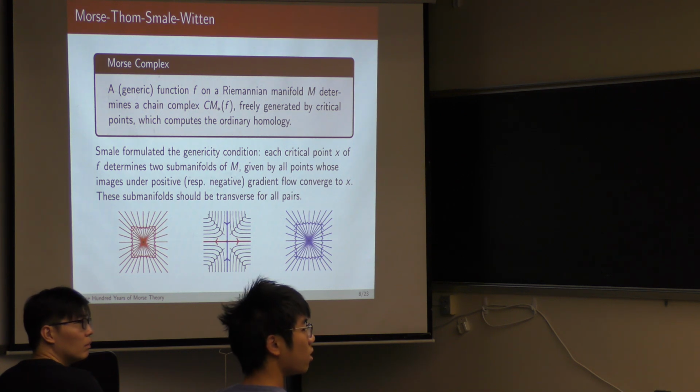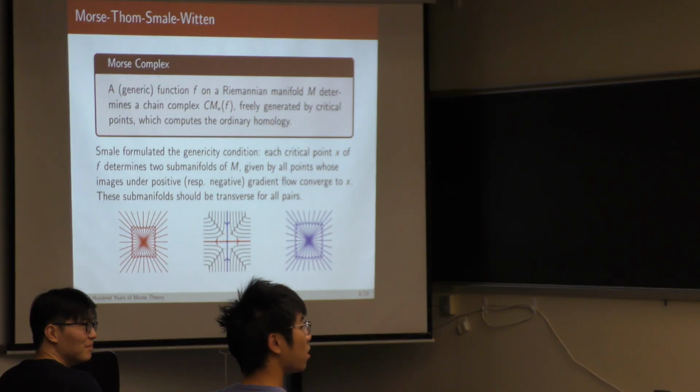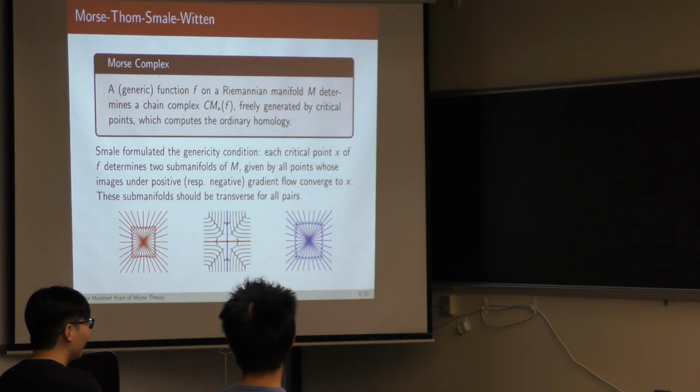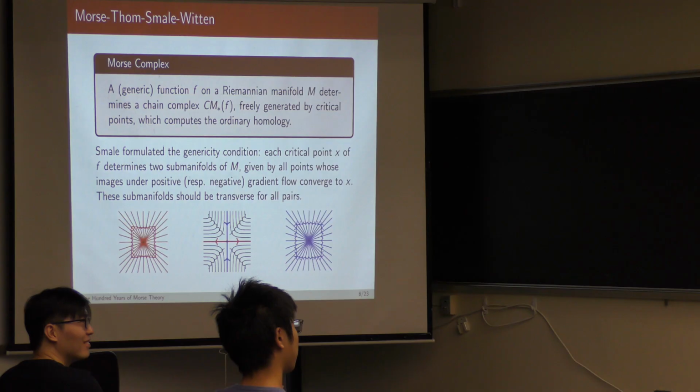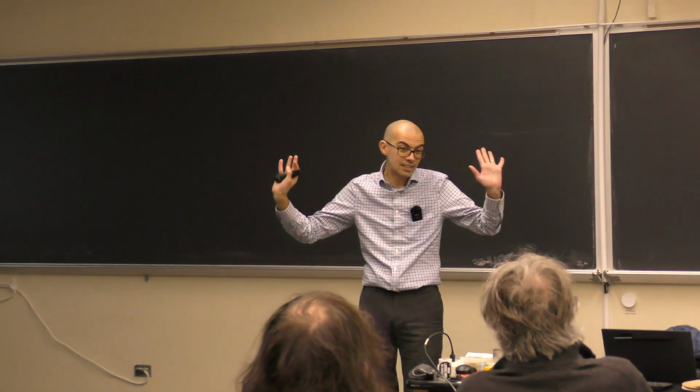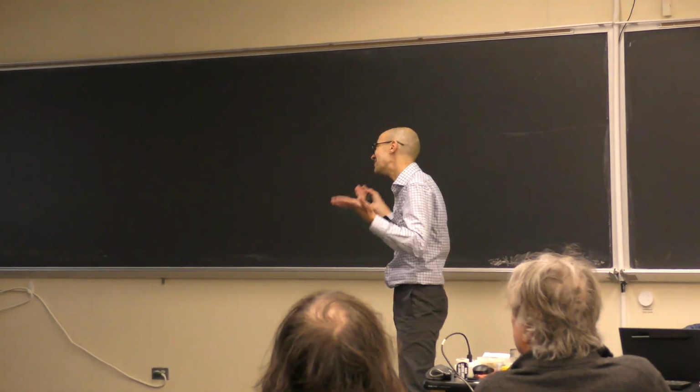Bott credits this definition of the Morse complex to Witten, but Witten never wrote anything down. He wrote something about Morse theory, but what he wrote is not the Morse complex. I think what Bott says is that Witten explained this to him in his office or something. No reason to doubt Bott.